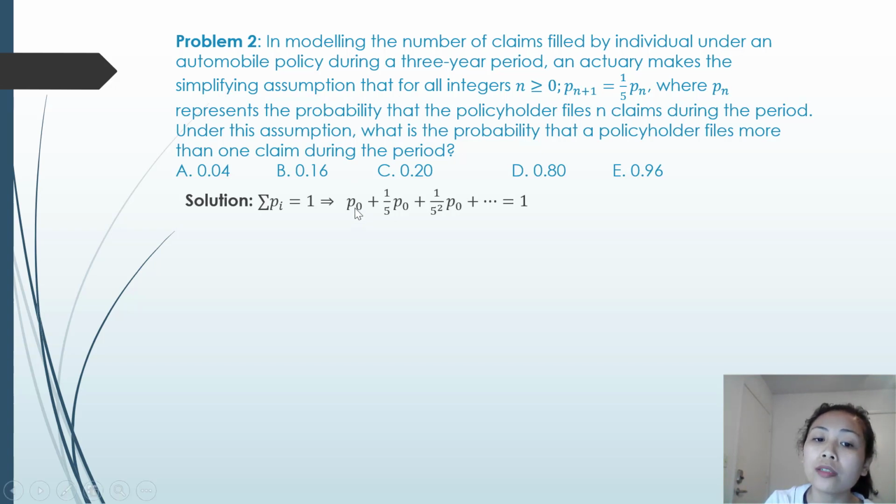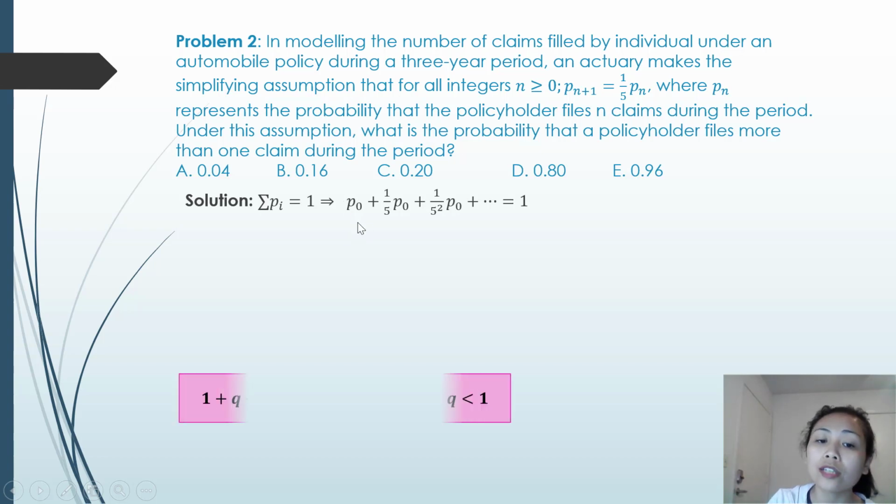And don't forget, p0 is p0, but p1 is 1/5 of p0. p2 is 1/5 of p1, and p1 is 1/5 of p0, so that's (1/5)^2 of p0, and so on. So from here we have a geometric series with coefficient p0.